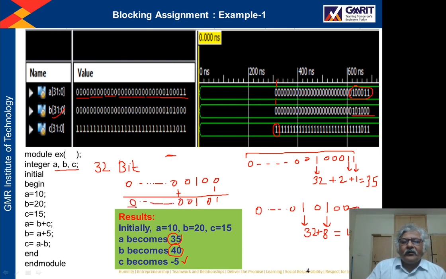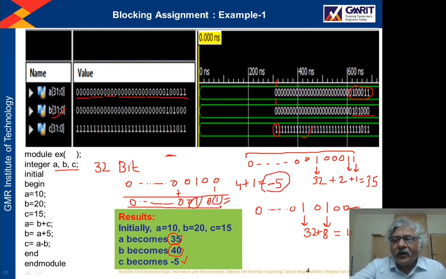So what is the decimal equivalent of this? The weight of this one is 1 and the weight of this one is 4. So 1 plus 4 is equal to 5, right? And put a minus sign. So this is representing minus 5.